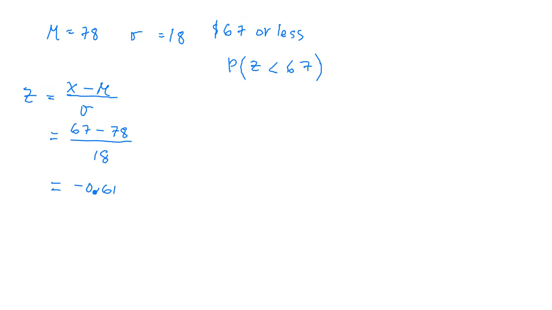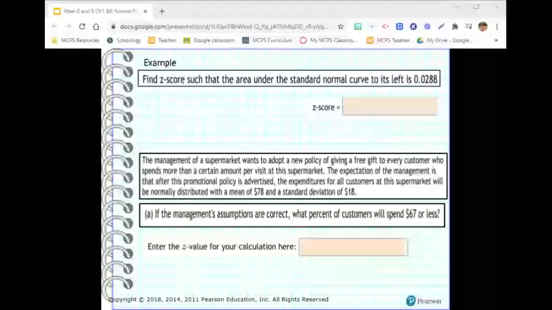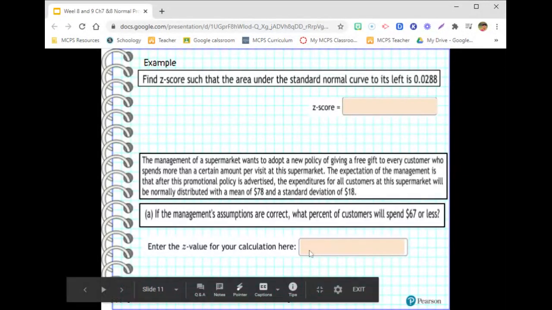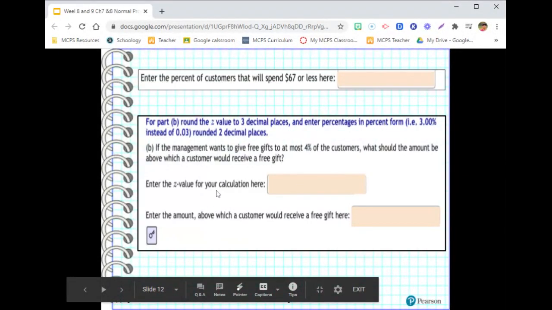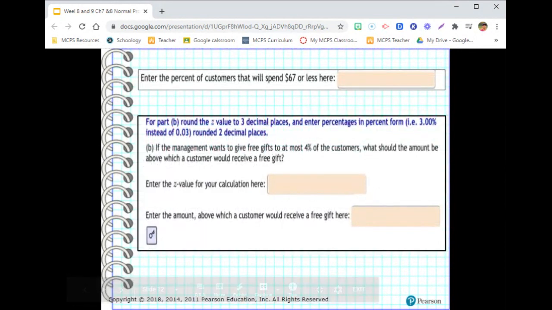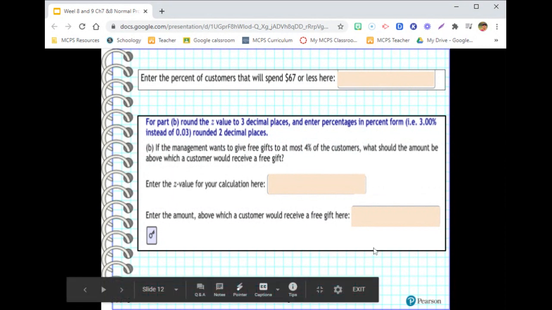Next question, part B. I'm flipping back and forth between my whiteboard and my presentation. So that's letter A, enter the z. Now enter the percent of customers who spend $67 or less. So the same thing that we did in our first three problems.